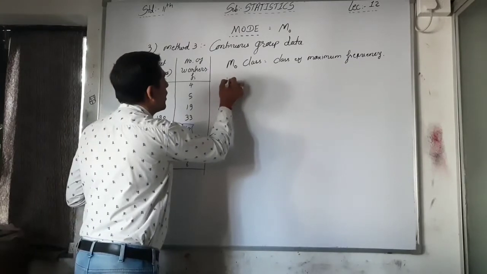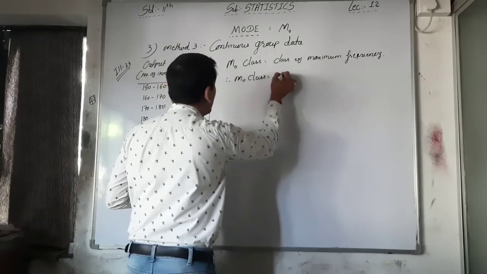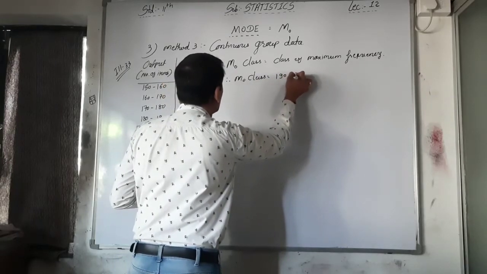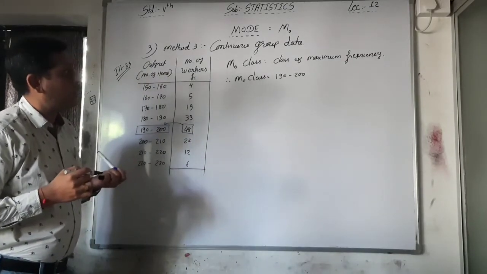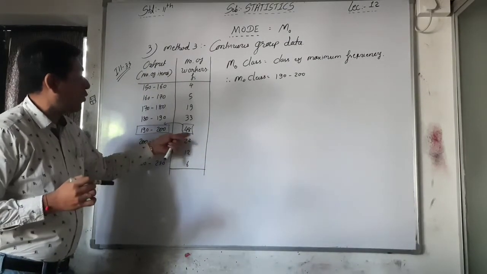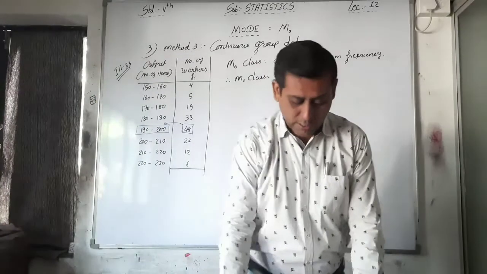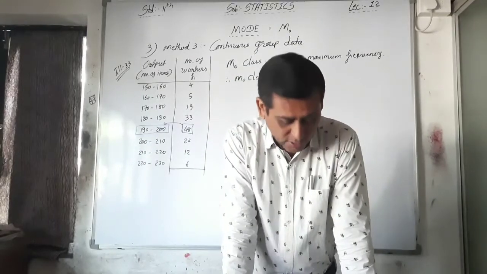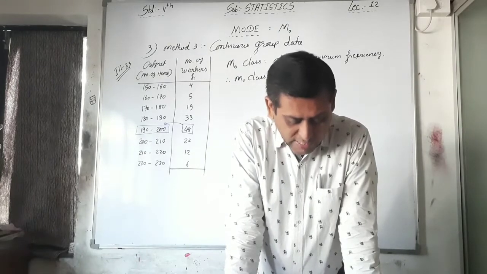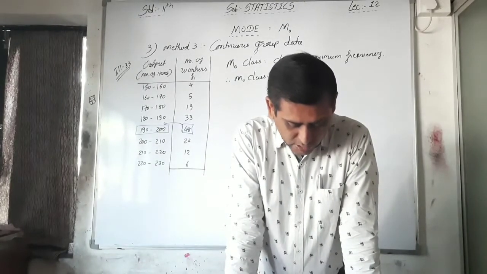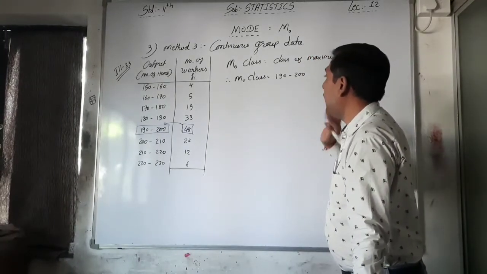Therefore the model class is 190 to 200, and the maximum frequency is 48. See the answer on page number 101: the maximum frequency is 48 for the class 190 to 200, hence the model class is 190 to 200. That's why we write like this.